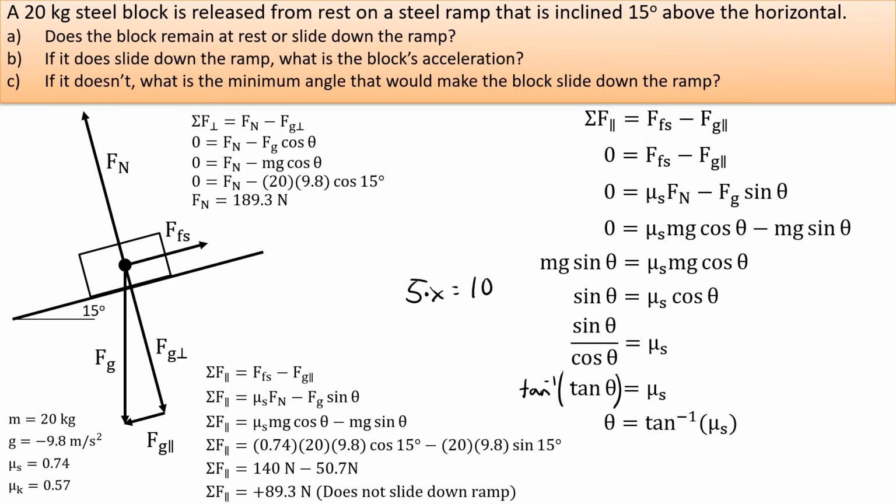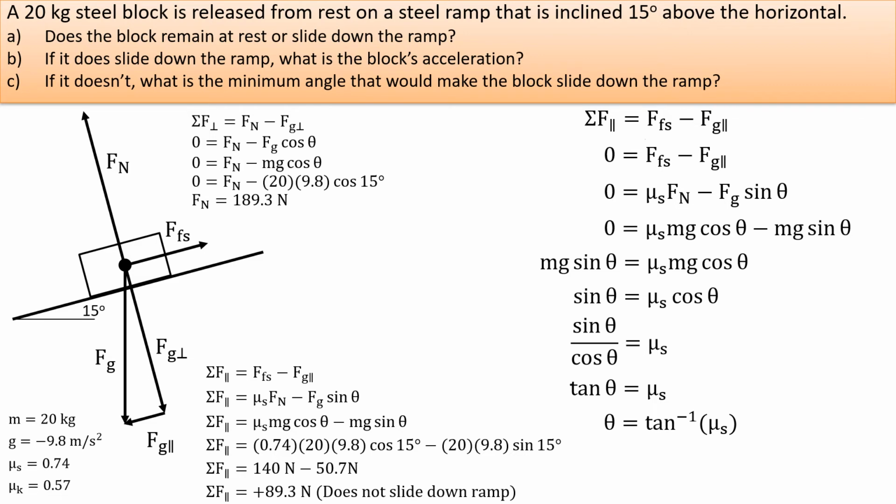Well, this is 5 times x. So I do the inverse of times. And I'm doing the inverse of tangent. And the 5's cancel out and the tangents cancel out. But whatever you do to one side, you have to do to the other. So I did an inverse tangent on this side. I have to do the inverse tangent on this side. It all comes back to we're just isolating the variable. So that's kind of what's happening there.